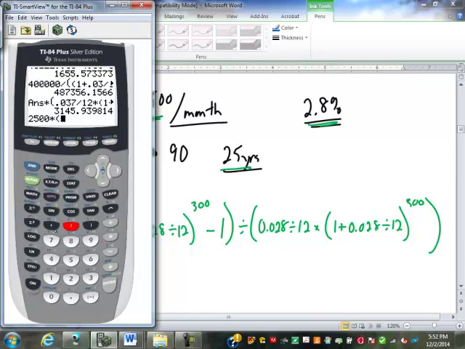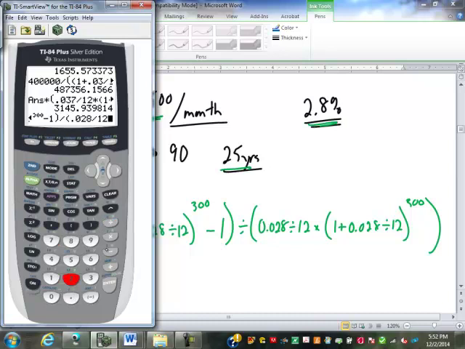I got to show you a little bit different for your calculator. So it's minus 1, close, divided by open, 0.028 divided by 12 times open, 1 plus 0.028 divided by 12, close, power 300, and close.